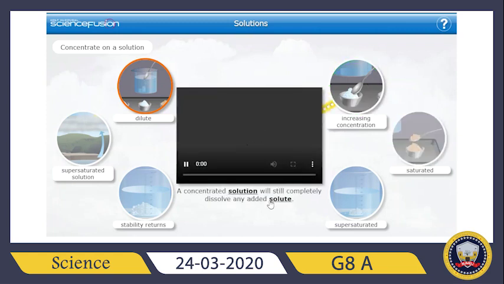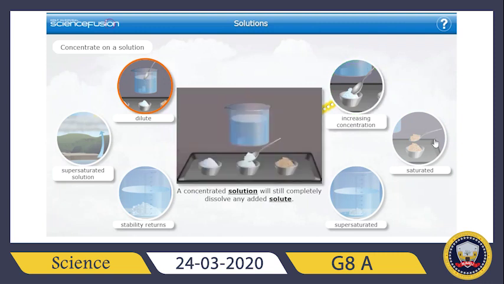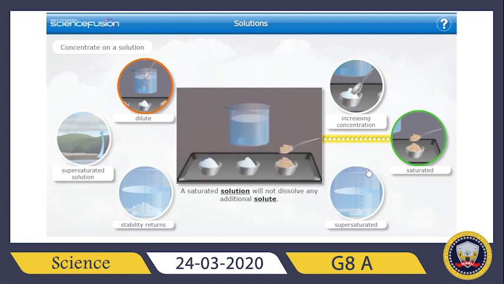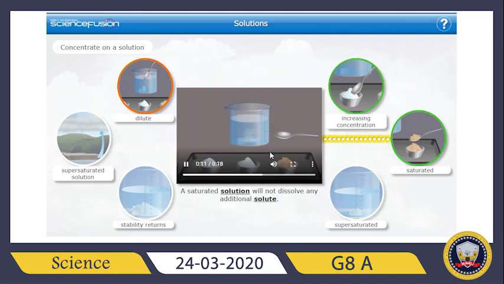I am adding more sugar here, and for the saturated solution I will have the highest amount, and it will not dissolve any more solute. This will be the highest amount of solute.